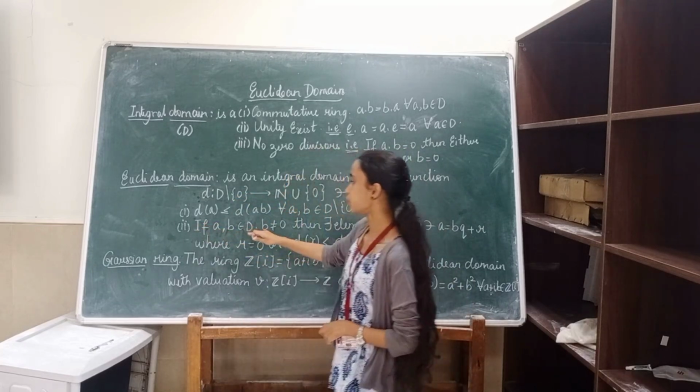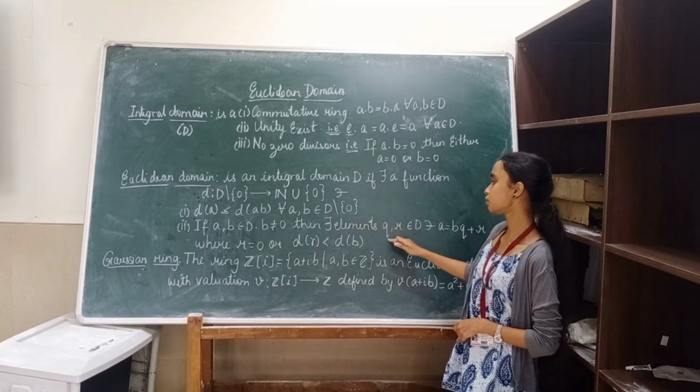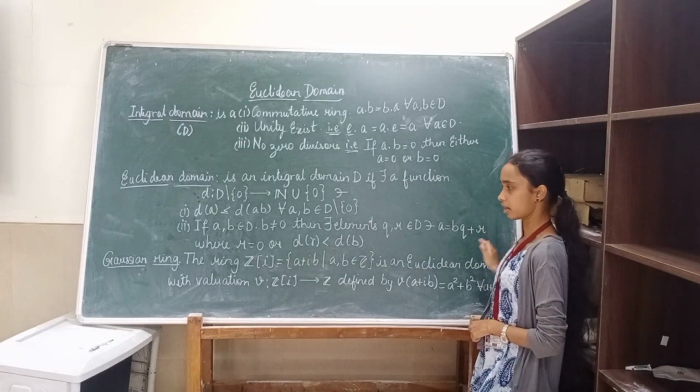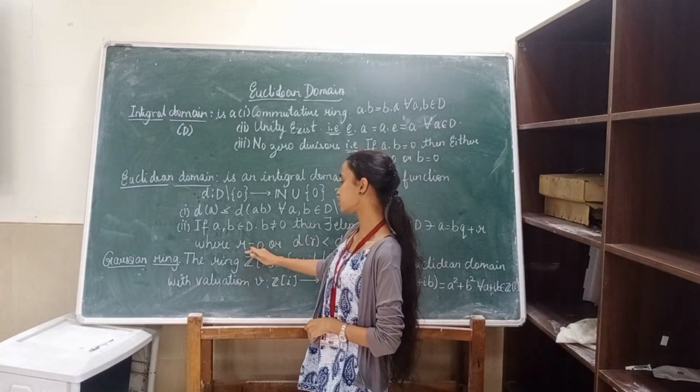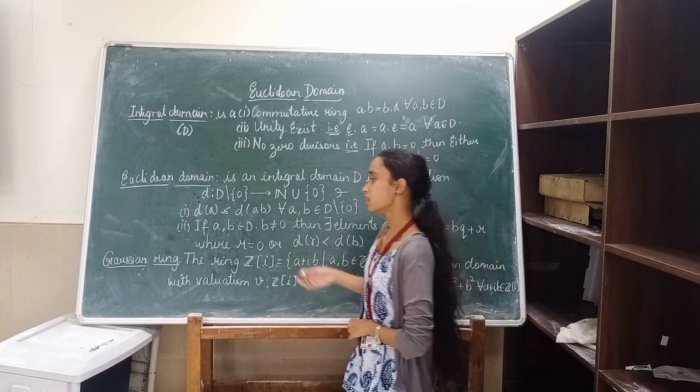Now if A, B belong to D and B is not equal to 0, then there exist elements Q and R in D such that A equals BQ plus R, where either R is equal to 0 or E(R) is less than E(B).